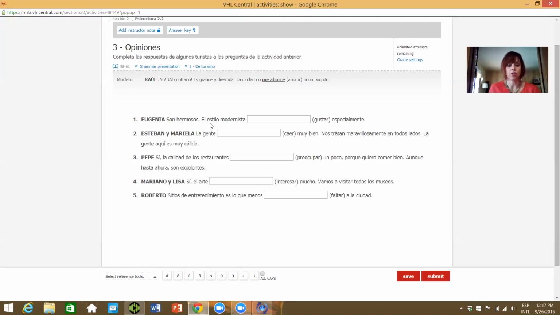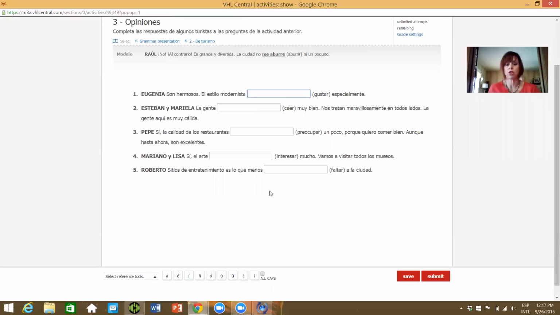So you're not using this as like an indirect object pronoun. She is the indirect object pronoun, and she is talking about herself. All right, so take a minute, and if you are talking about estilo modernista and you want to say, oh, I like that, I like this style, what would you put in it? So hopefully you would have said, right, me gusta, because estilo modernista is singular.